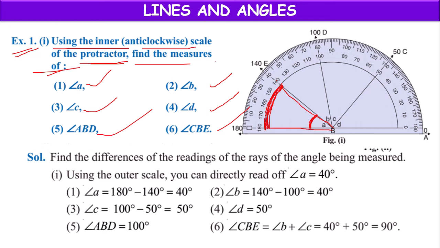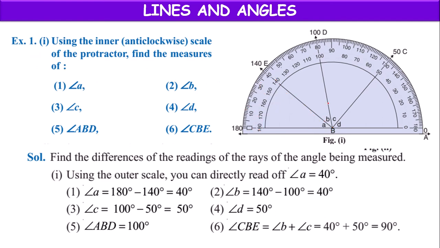How many divisions are covered here? 140 to 150, 10, 20, 30, 40. So we have 40 degrees. According to the inner scale, angle A describes a 40 degrees angle.